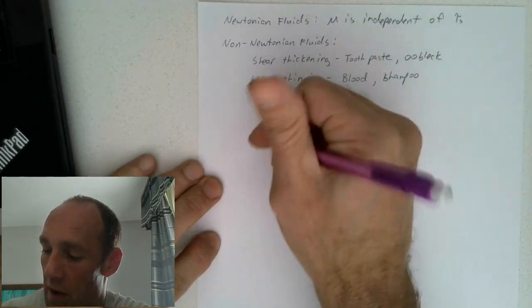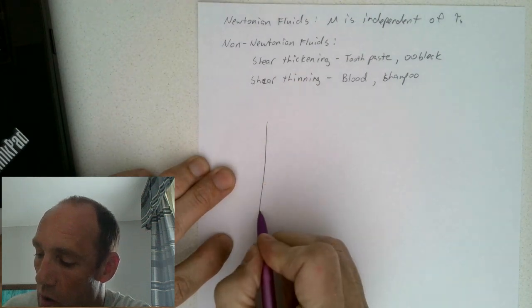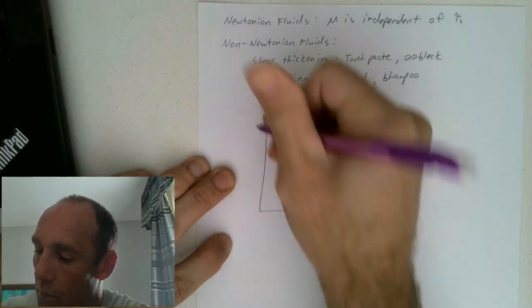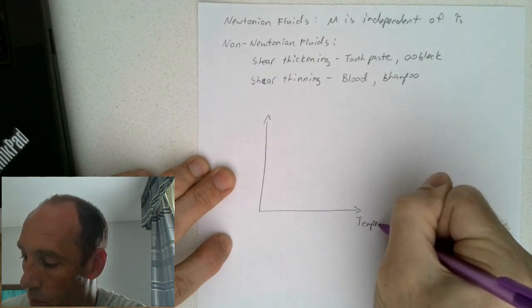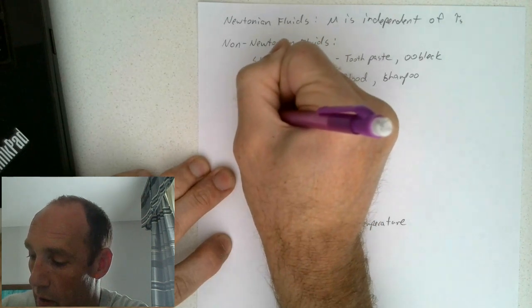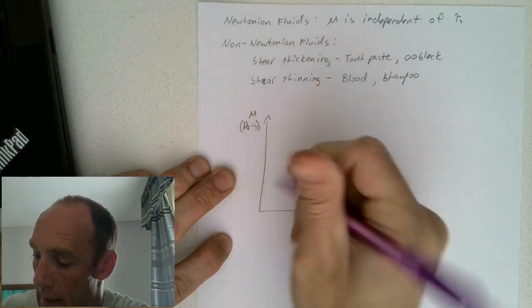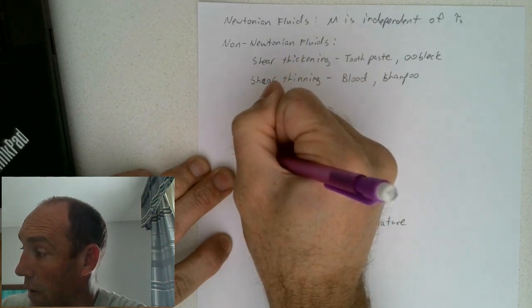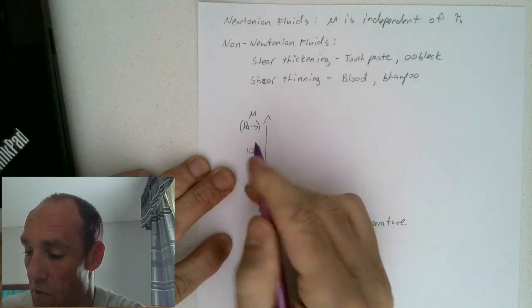Viscosity is, however, in both gases and liquids, in Newtonian fluids, usually a pretty strong function of temperature. With liquids being on the order of 10 to the -3 in these units.